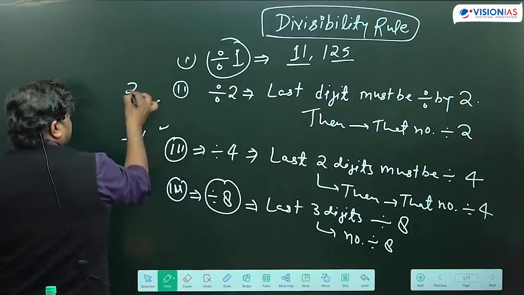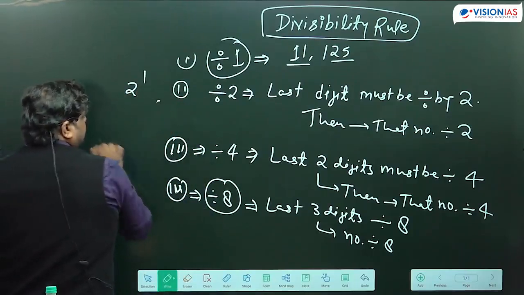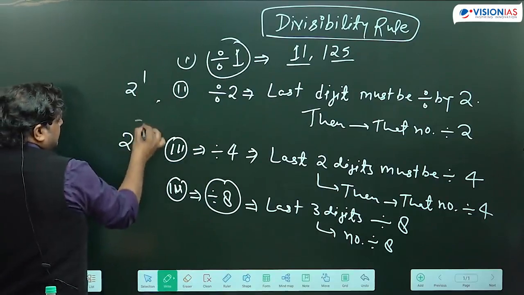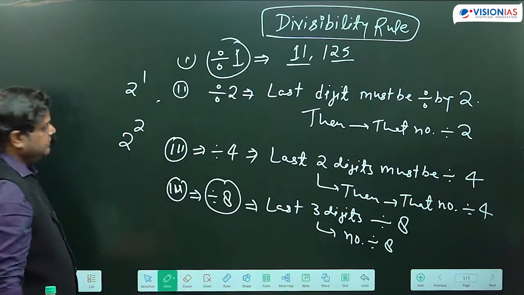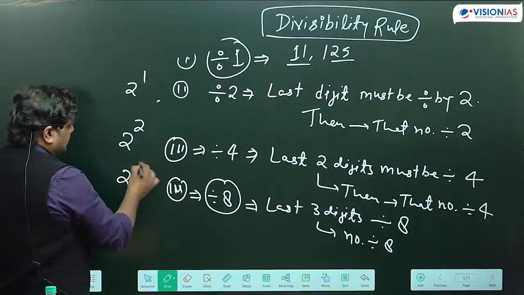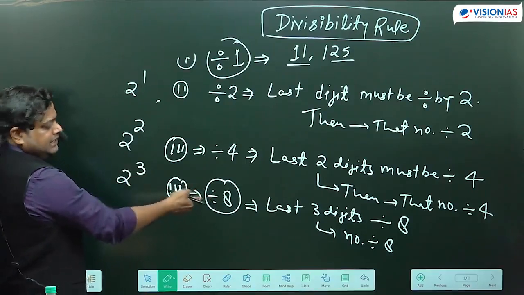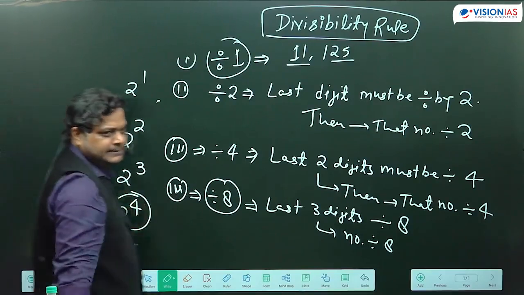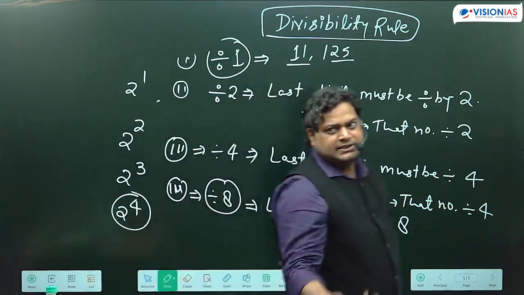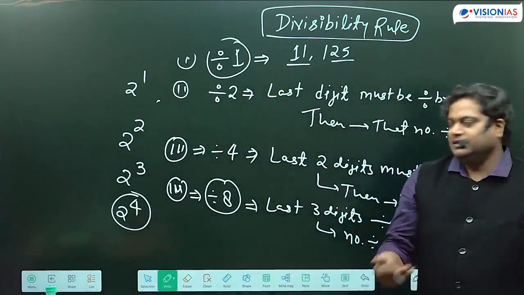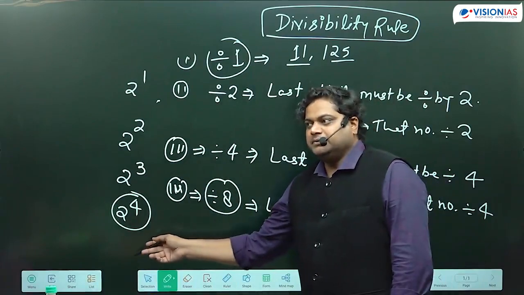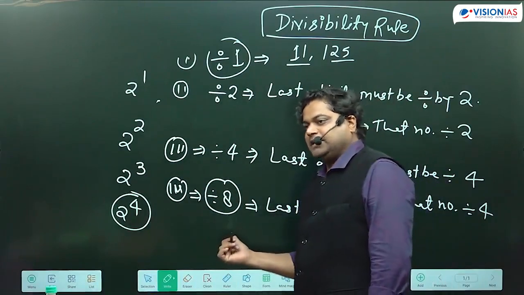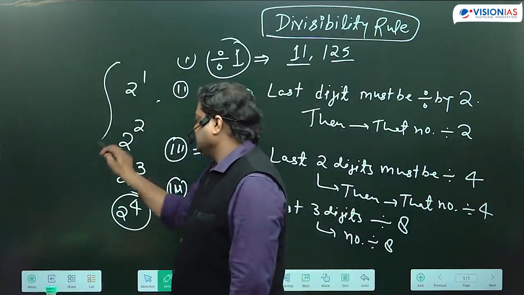2 को we can write 2 के पावर 1, last 1 digit. 2 के पावर 2, last 2 digits. 2 के पावर 3, we will get 8, last 3 digits. 2 के पावर 4, 16, last 4 digits must be divisible by 16. 2 के पावर 5, 32, last 5 digits. लेकिन पूछेगा यहीं तक.